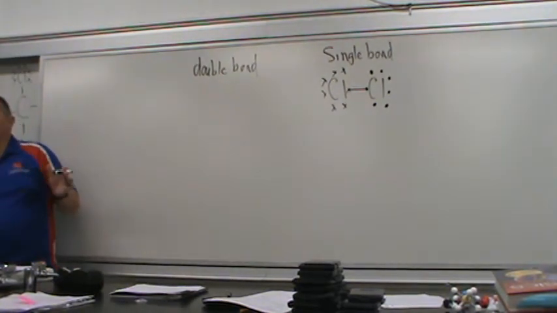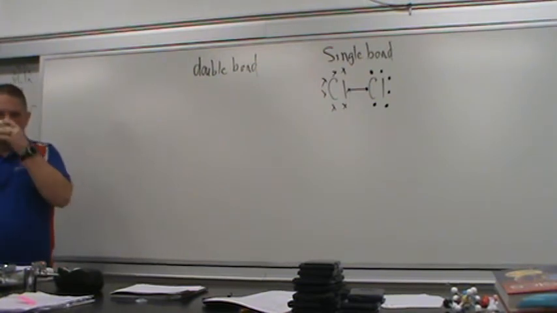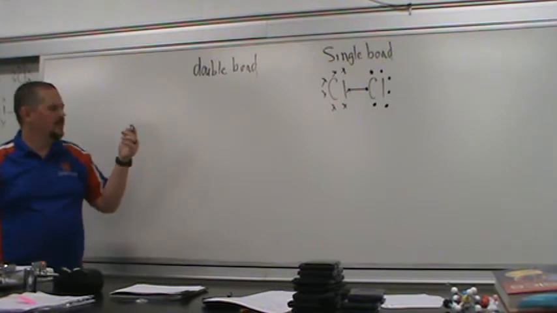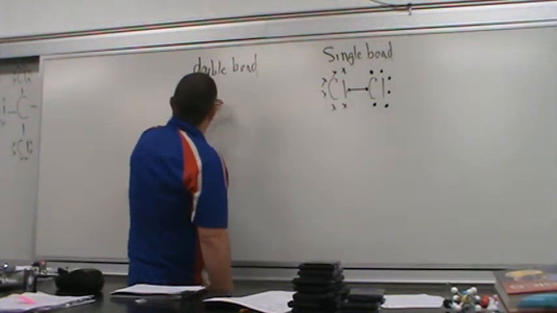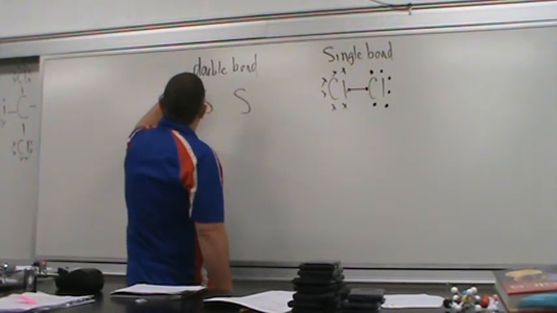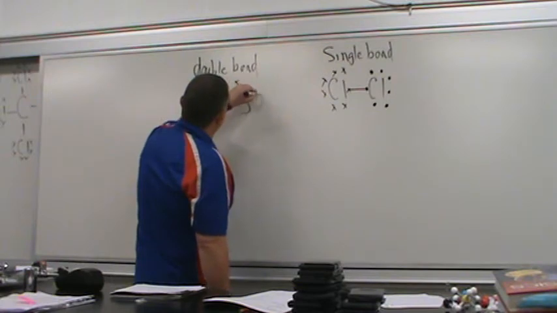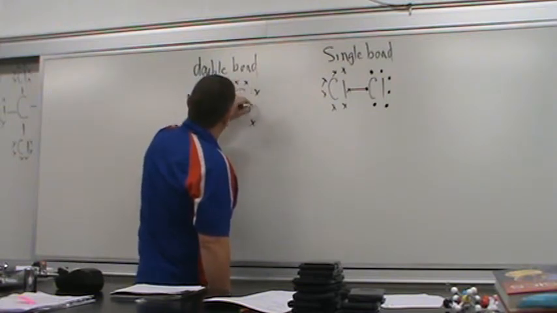Now, if we look at how double bonds are made, let's look at 2 sulfur atoms. 1, 2, 3, 4, 5, 6.